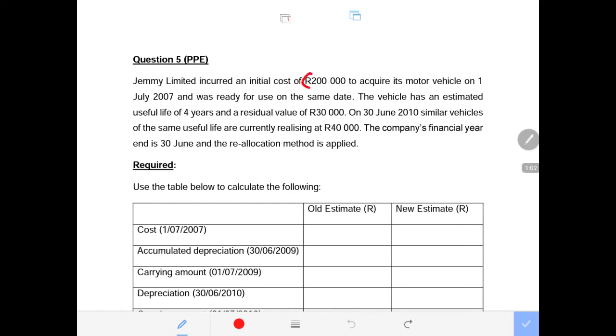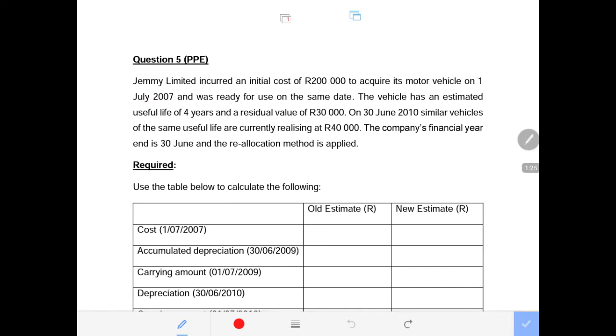The cost is 200,000 rands. Very important to note that, and the date is on the first day of the month of July. And the fact that it was ready for use means when we start calculating the depreciation, we will start calculating from the 1st of July, meaning the date on which this asset was ready for use.